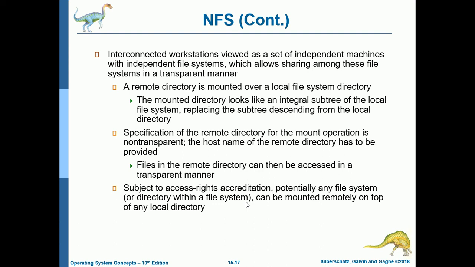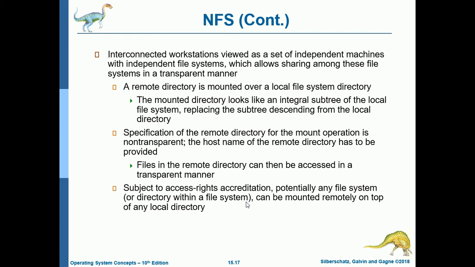So, continuing with the discussion. Interconnected workstations are viewed as a set of independent machines with independent file systems, which allow sharing among these file systems in a transparent manner. A remote directory is mounted over a local file system directory. The mounted directory looks like an integral subtree of the local file system, replacing the subtree descending from the local directory.